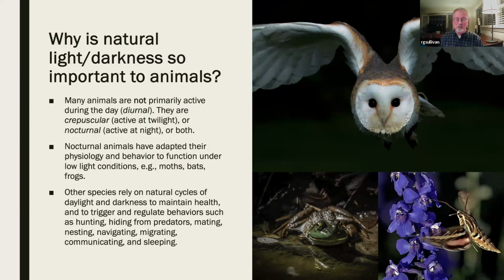That can be everything from where and how successfully they find prey, where or how successfully they can hide from predators, their ability to find a mate, places where they might select to build a nest, how they actually navigate from one place to another, how they migrate for animals that migrate, how they communicate with each other.